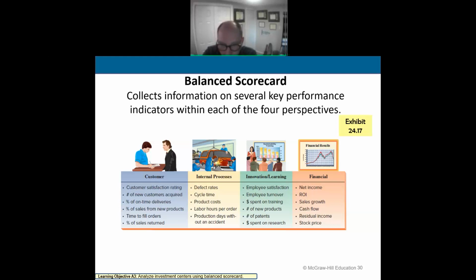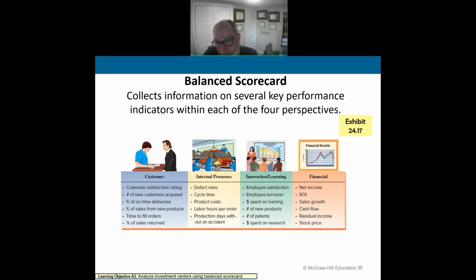The third area we look at is called innovation and learning: research and development, training for our staff, etc. We look at things like employee satisfaction, employee turnover rate, the amount spent on new training, amount of new products, new patents, the amount spent on research.